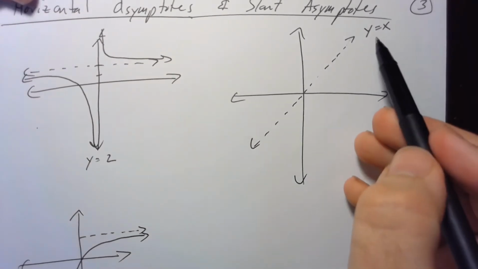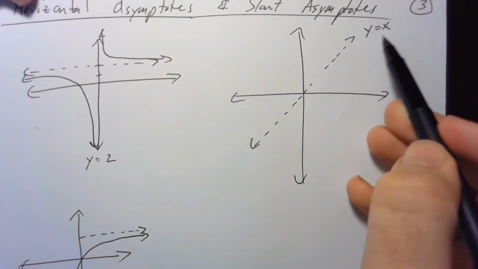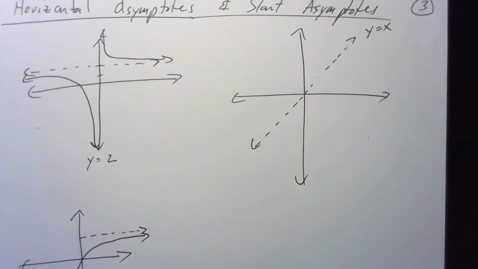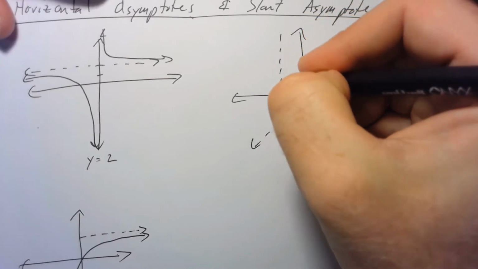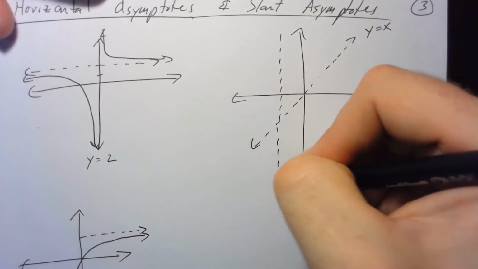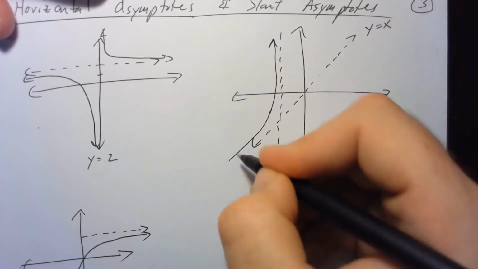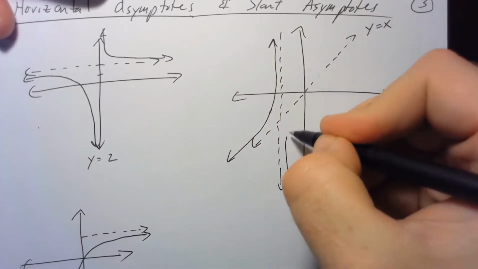So it's important for us to be able to identify these functions, y equals 2 or y equals x, for the horizontal or slant asymptotes, and it's also important for us to recognize that these things have to be identified algebraically, and then we have to be able to graph them. Also note that I could draw a vertical asymptote, say here, and the graph could look something like this in the grand scheme of the problem in terms of how it's identified and graphed.